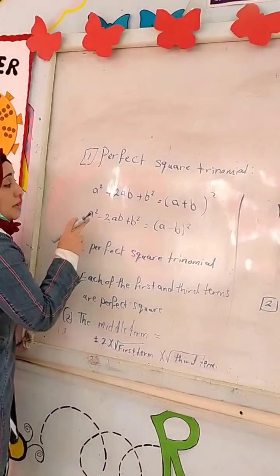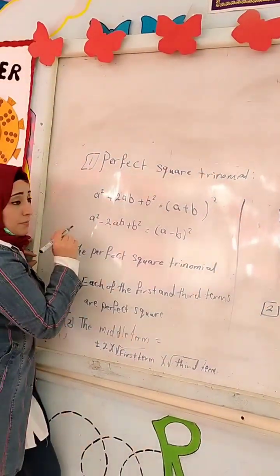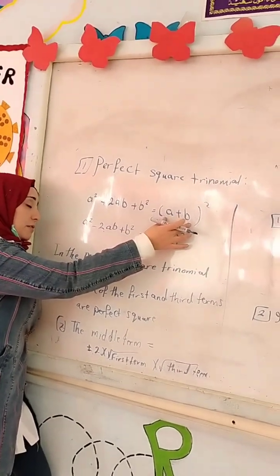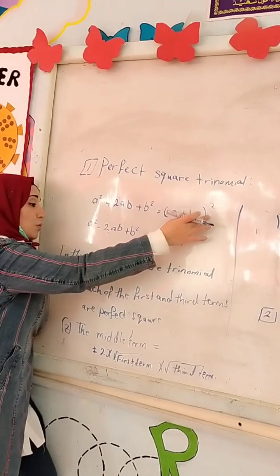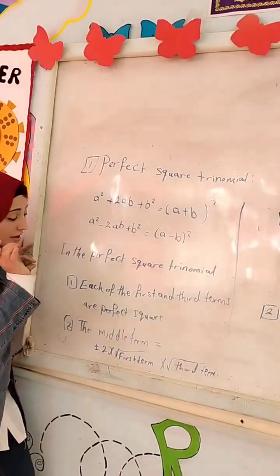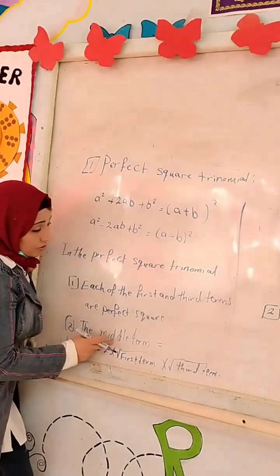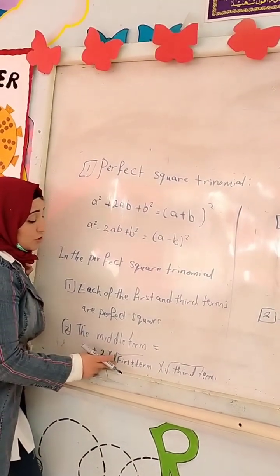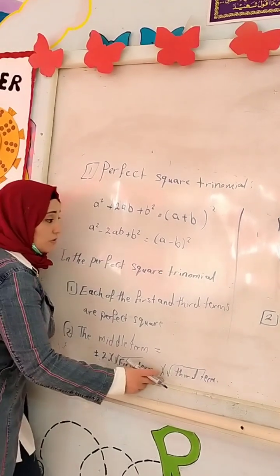Each expression in this form, we can put it in the form of (a plus b) to the whole square if the middle term equals 2 times the square root of the first term times the square root of the third term.